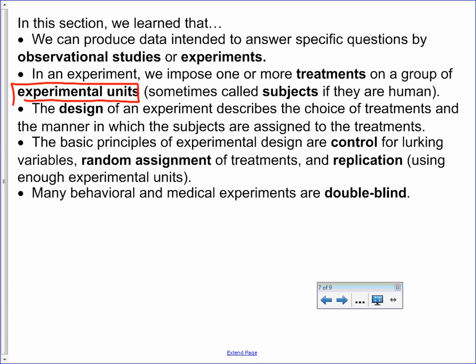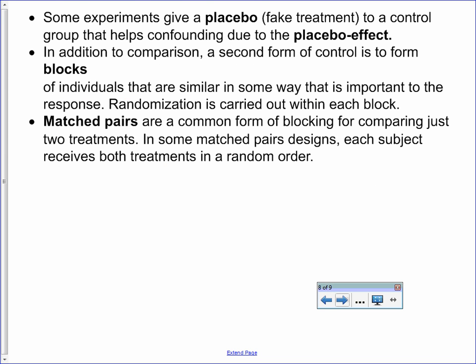We talked about how we designed experiments, how important random assignment was, how important control and replication were. We talked about what a double blind is. Made sure we knew what a treatment was. We talked about a placebo and the placebo effect. And then we talked about blocking experiments and matched pairs.